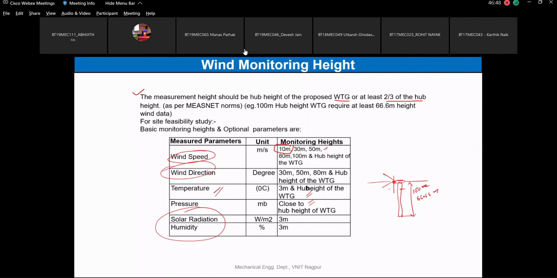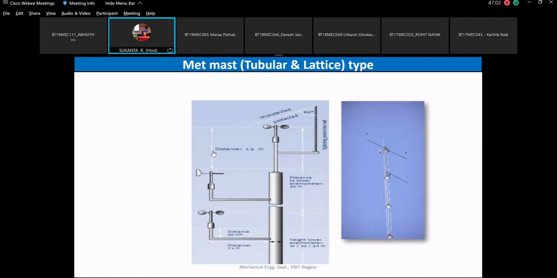So here this standard we have to follow. Other than this, we also have some IEC standards. Accordingly, we have to design any wind farm or wind turbine blades.